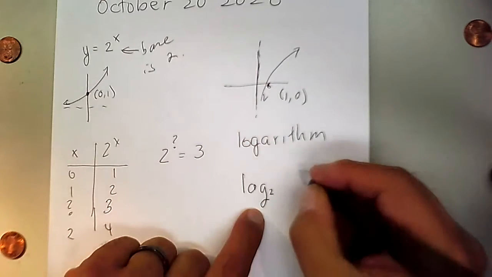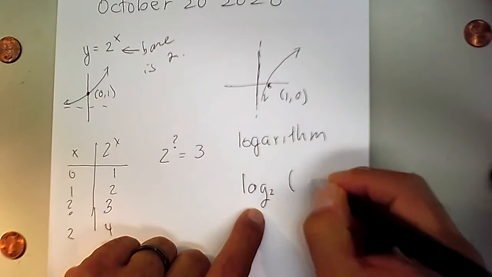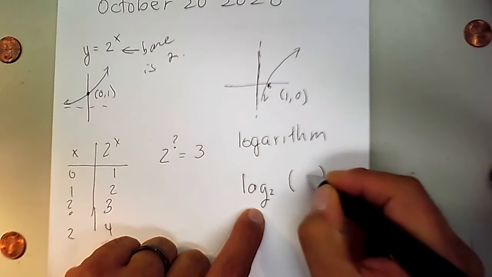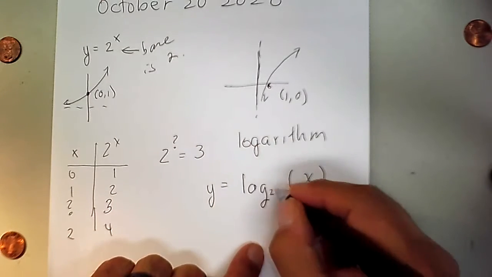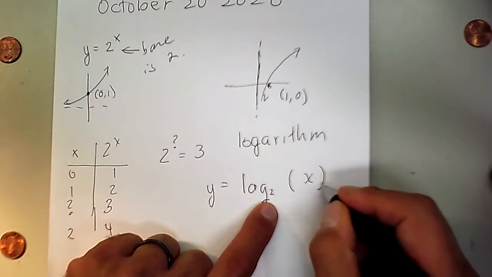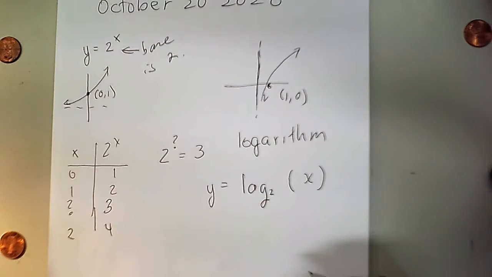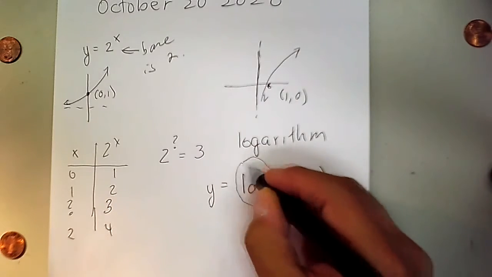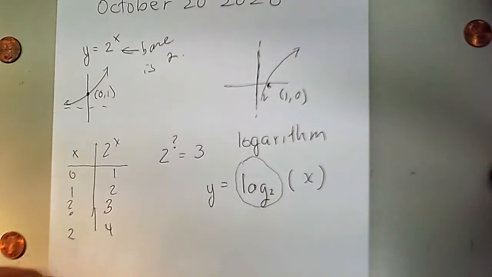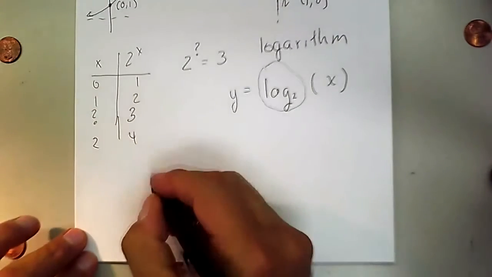And then we many times put the input in parentheses. So the function will be y equals logarithm base 2 of x. So this is the name, and we cannot really undo this. You know, functions have different names, such as f.